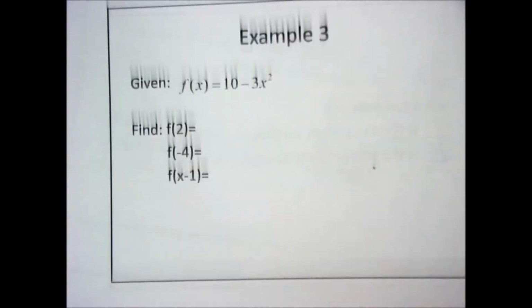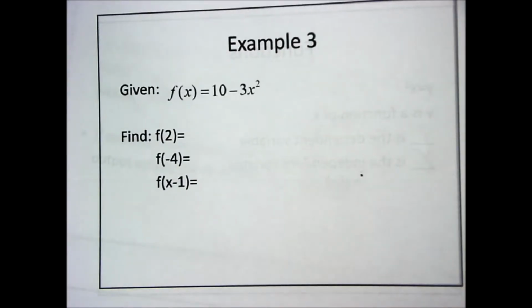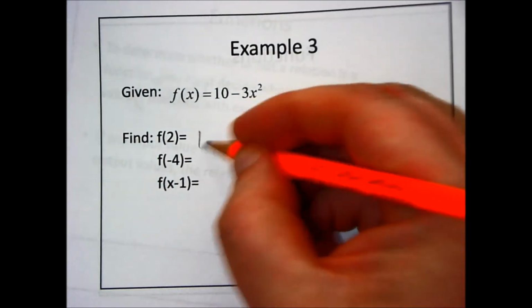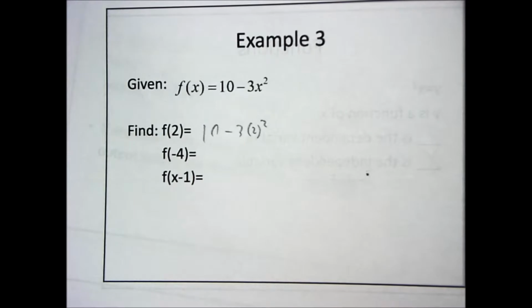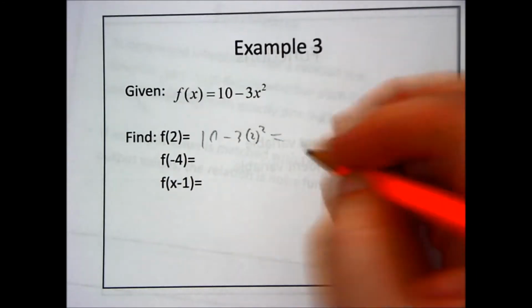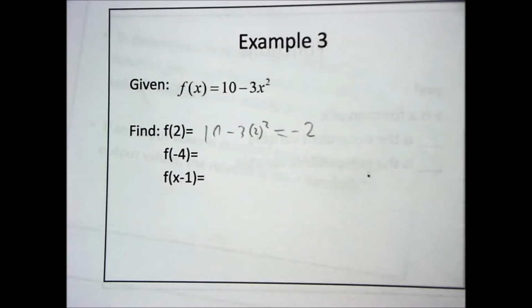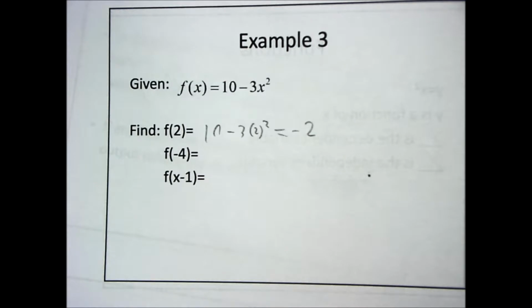Some ones like these will be fairly simple. How do I find f of 2? Plug in 2. If we plug in 2, what do you get? -2. Yeah, 10 minus 3 times 4 minus 12, -2.